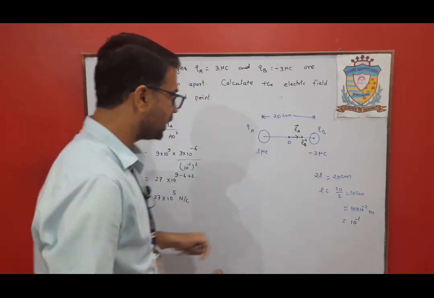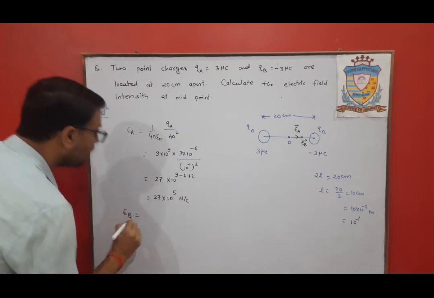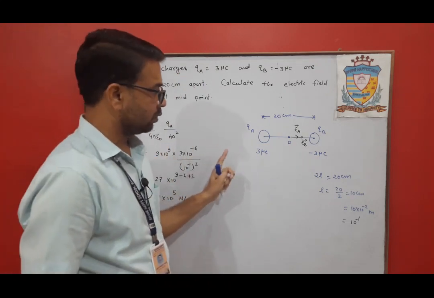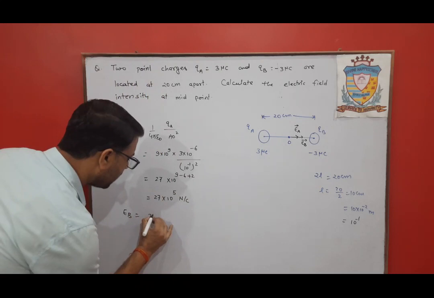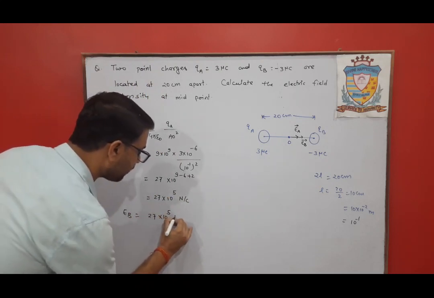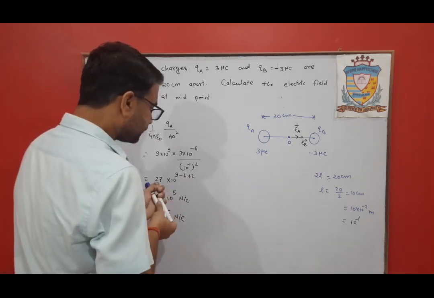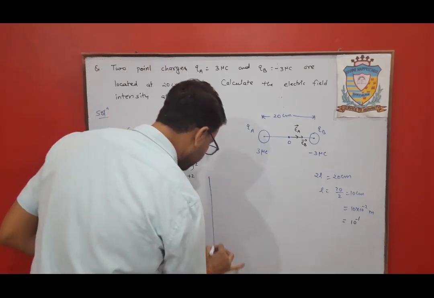Now we will calculate the electric field intensity due to EB. So EB is the same, equal in magnitude. So again the value of this electric field intensity is 27 into 10 to the power 5 Newton per coulomb. Now we will calculate the net electric field intensity.